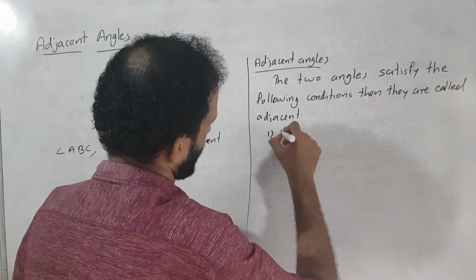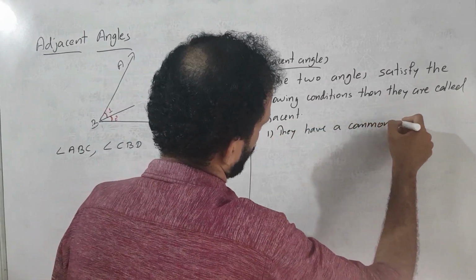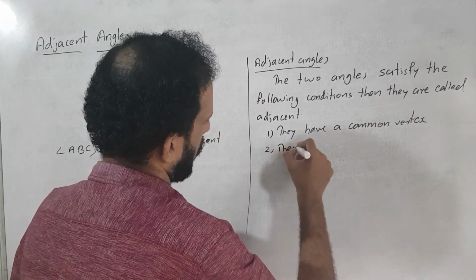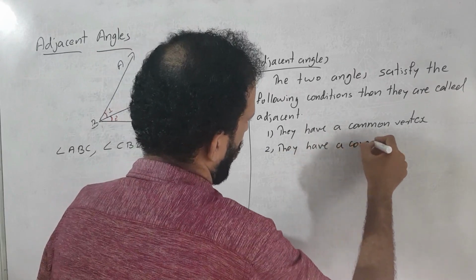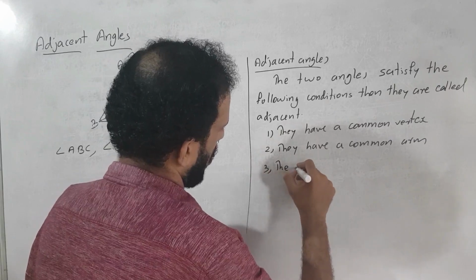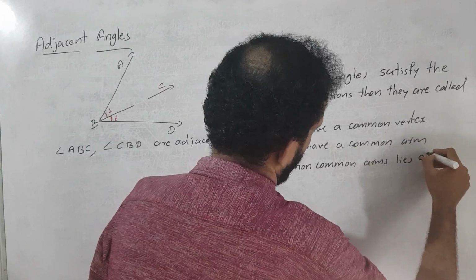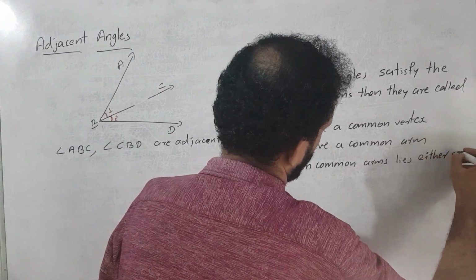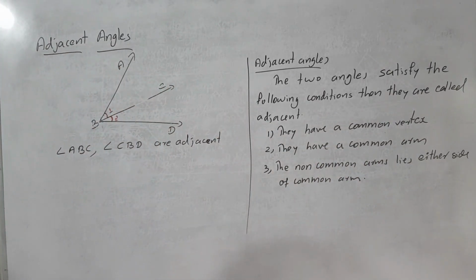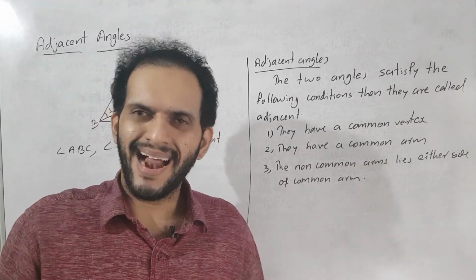First, they have a common vertex. Second, they have a common arm. Third, the non-common arms lie on either side of the common arm. Any pair of angles that satisfies these three conditions is called adjacent angles.